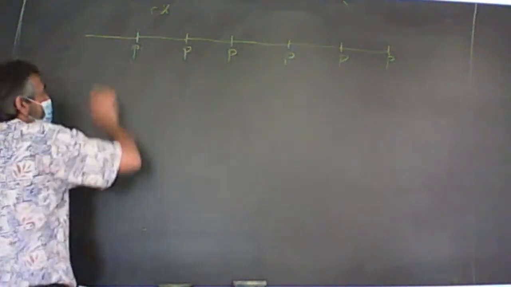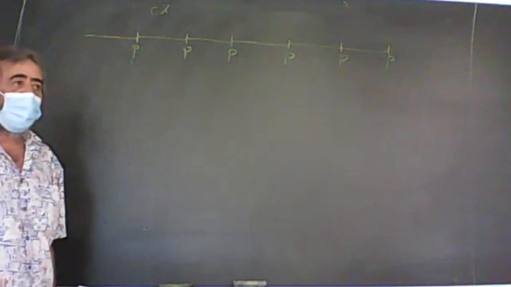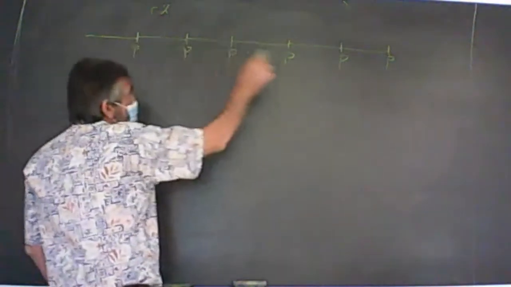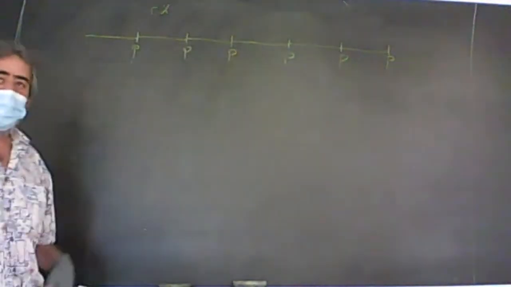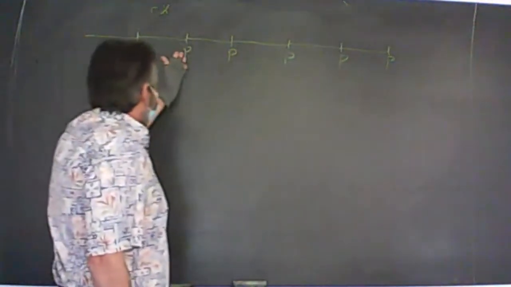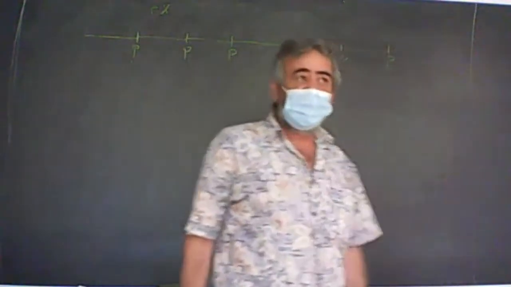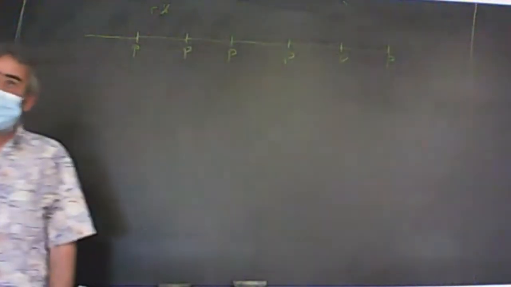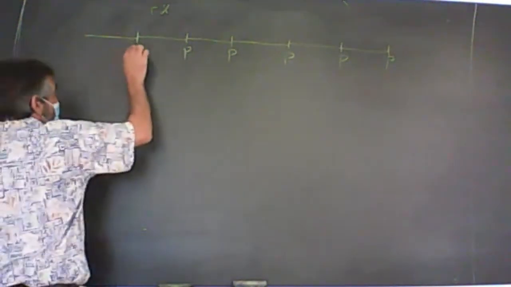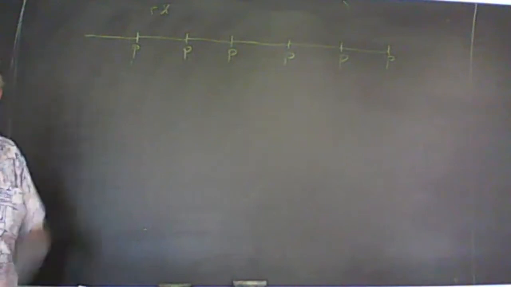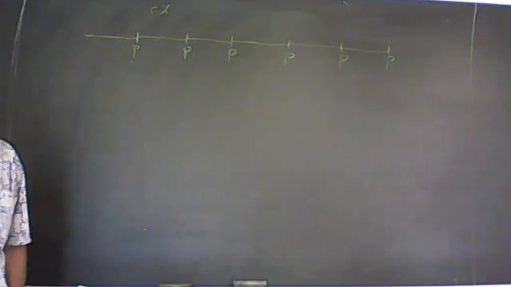When I deposit this money today, this money stayed in the bank for how many periods? Let's say 1, 2, 3, 4, 5. So it stayed in the bank for 5 periods. So that means I got interest on this one 5 times. Does that make sense?